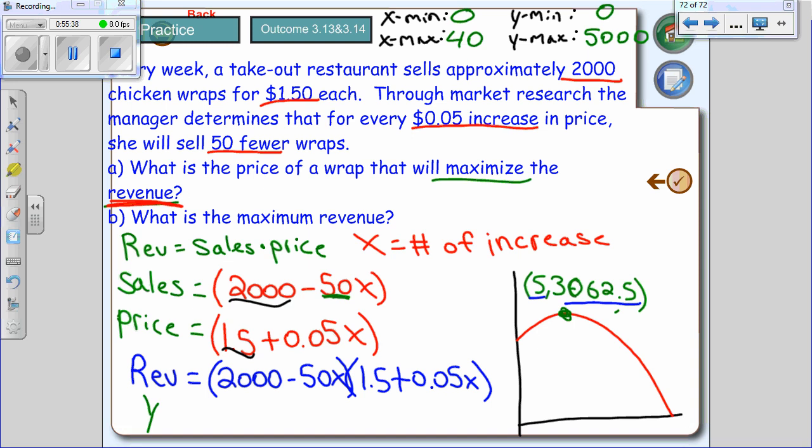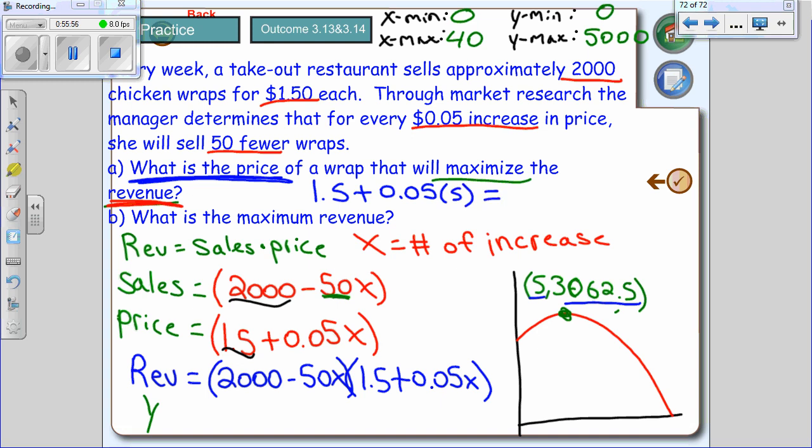So the price is $1.75. Make sure you're answering the question when you do these types of questions. X equals 5. That's the number of increases.